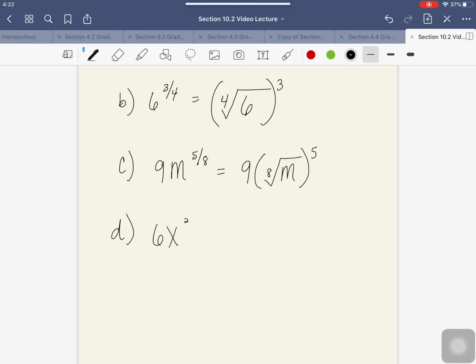All right. Same type of example, 6x to the 2/3 power. 2/3 only applies to the x, so that would be 6 times the cube root of x to the 2nd power.